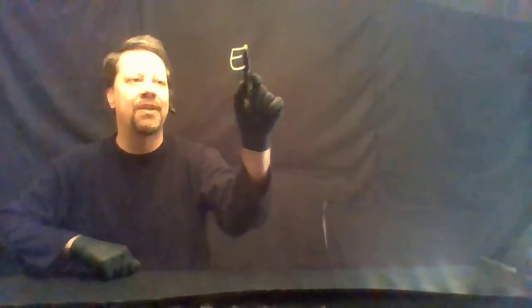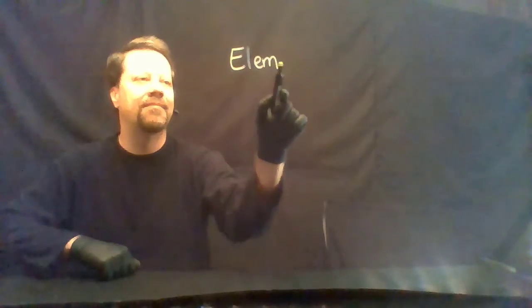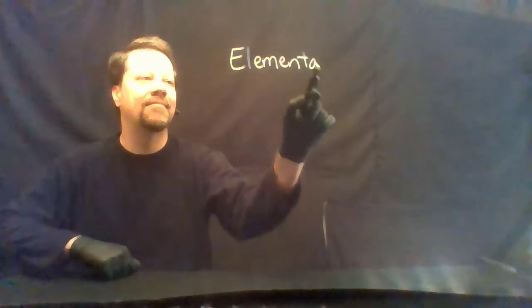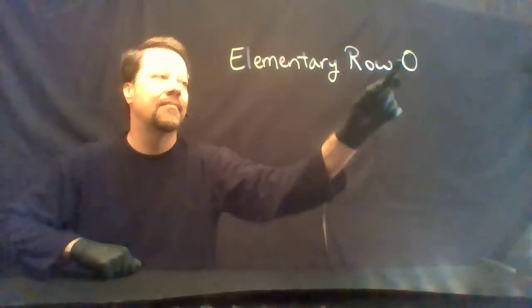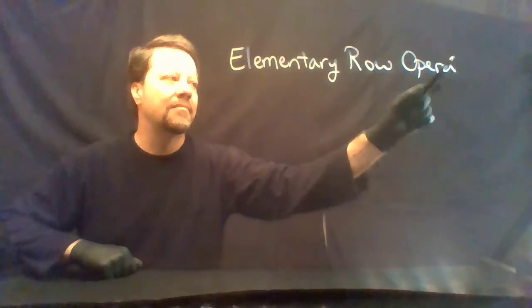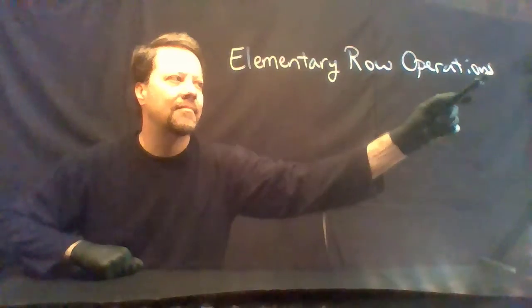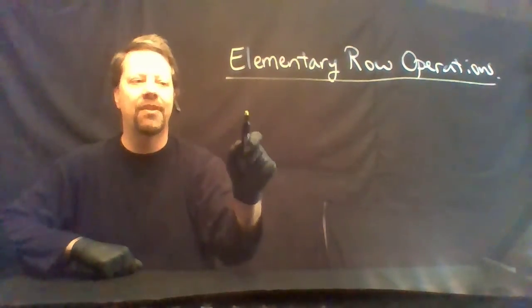So that we can talk about Gaussian elimination, we need to talk about elementary row operations, of which there are three.